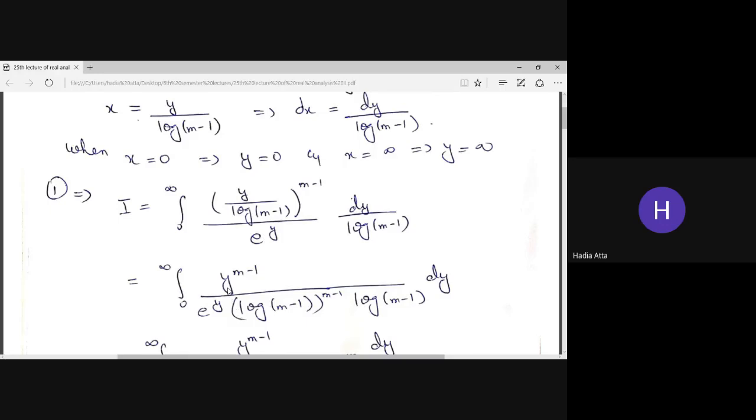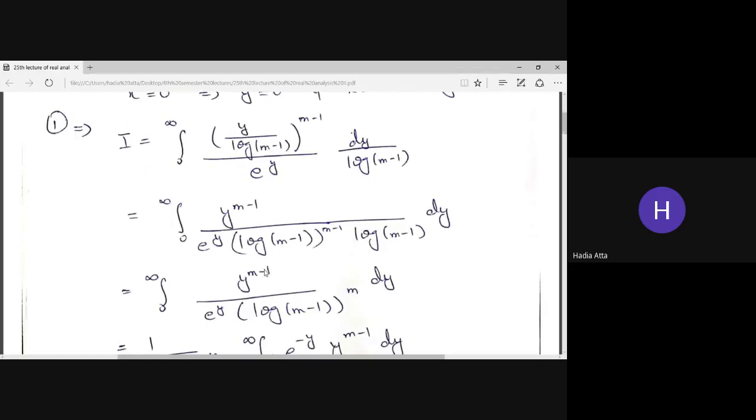Since the bases are the same, you can easily add the powers. From here m plus 1 and m minus 1 cancel, so we only have m as the power. So our integration is the integral from 0 to infinity of y raised to the power m minus 1 divided by e raised to the power y, times log of (m minus 1) raised to the power m, dy.